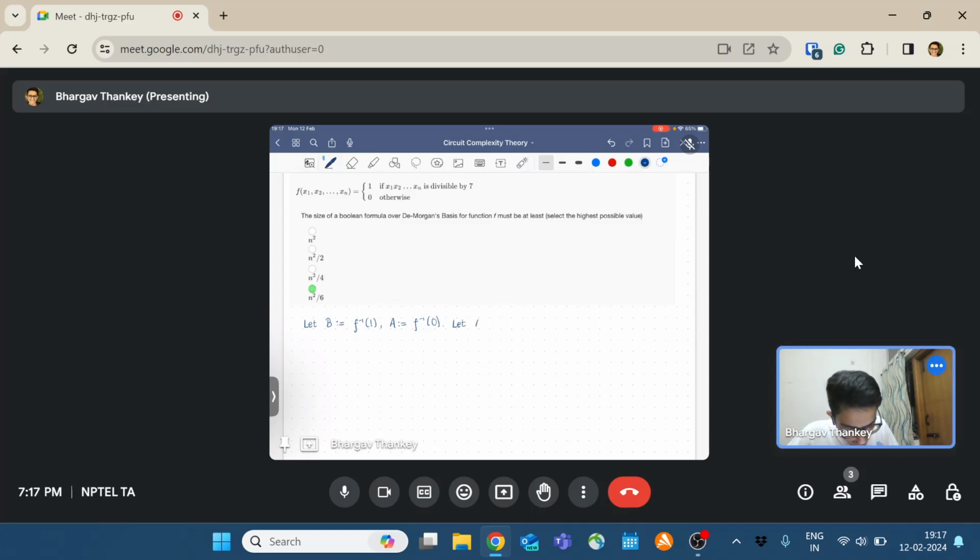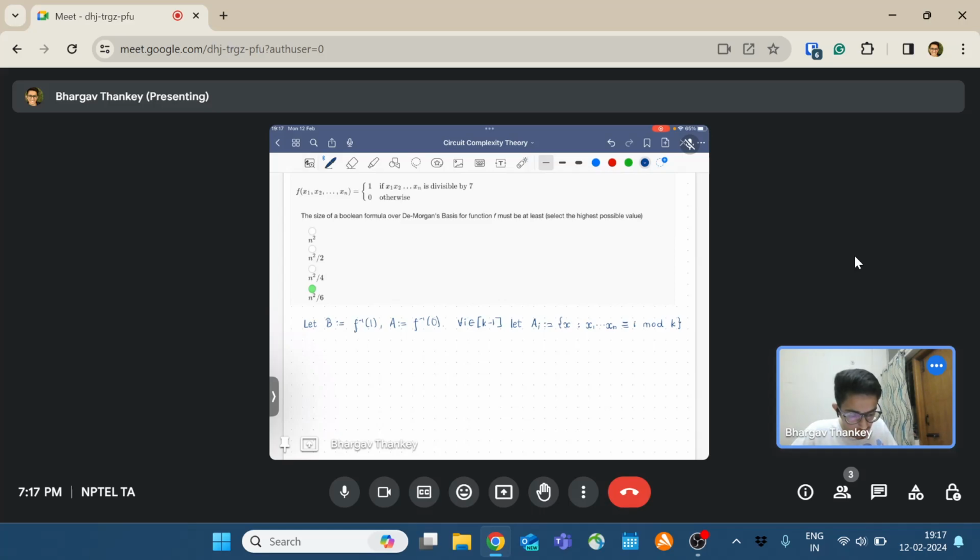For all i in 1 to k minus 1, let A_i be the set of x such that x1 to xn is congruent to i mod 7, sorry, mod k.